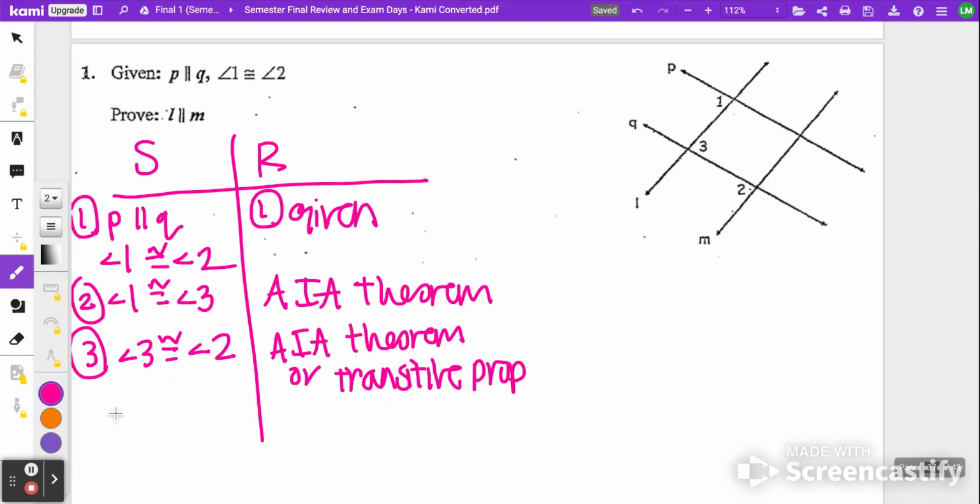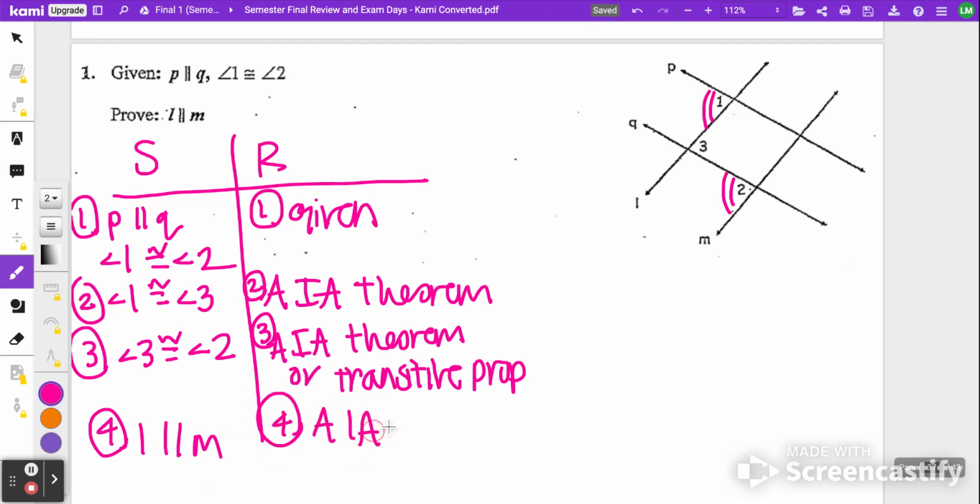And because you've now shown that you've got some equivalent angles that are also connected to the L and the M line, you can now say L is parallel to M using the AIA converse theorem, which just states if you have two equal angles that are alternate interiors, then they prove those lines are parallel.